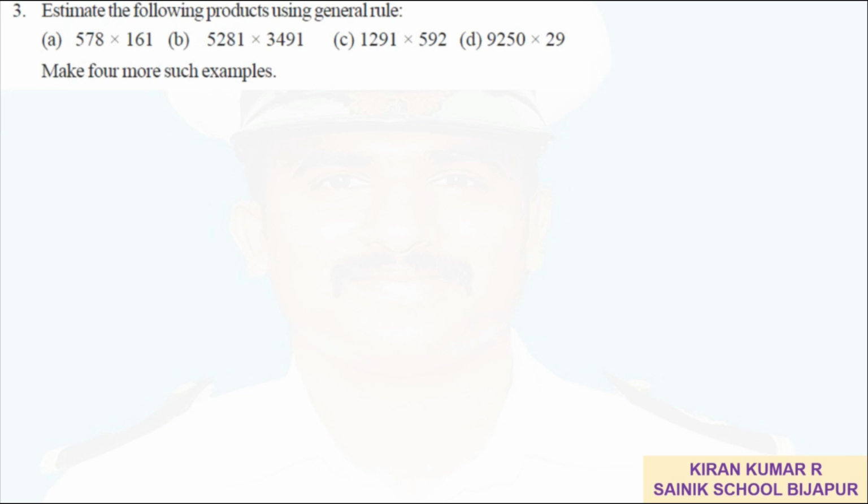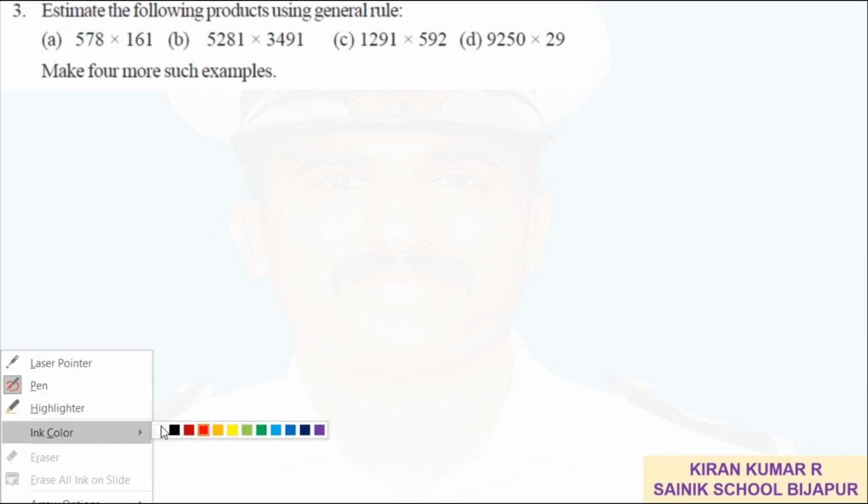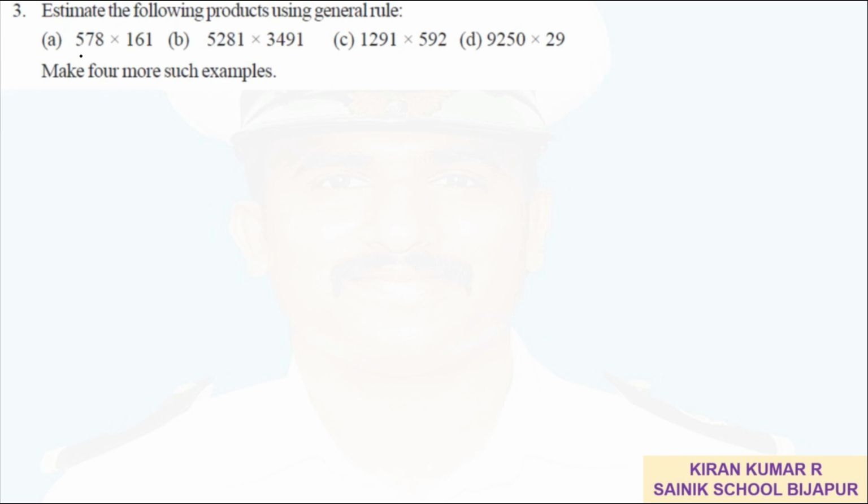Again, we have got 4 questions followed by make 4 such examples. I'll be solving these 4 questions. This example part you will be able to do if you understood. Let me consider the first one: 578 and 161. We have to round it off. Then we have to find the estimated product.